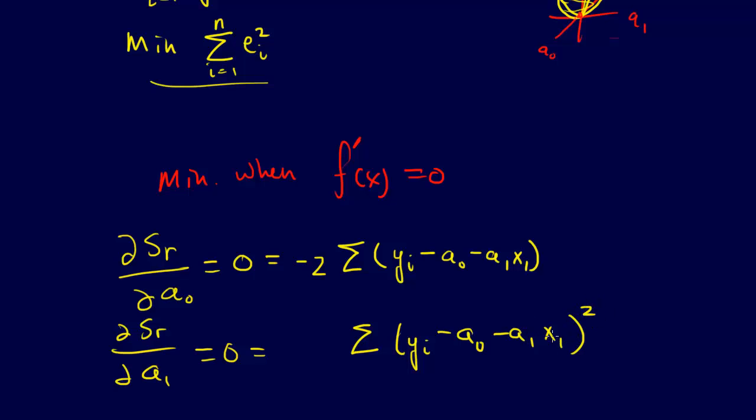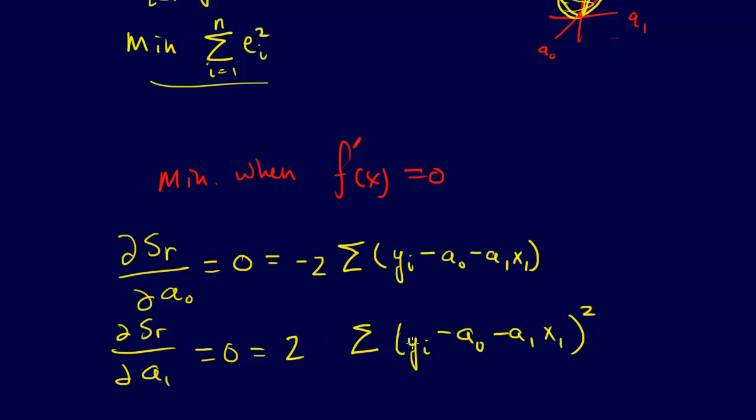The first thing, we take the 2 out front, and then we take the derivative of the inside with respect to a1.